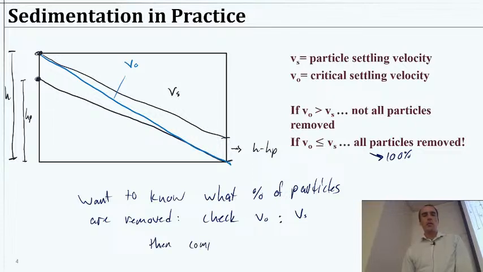Then we can compare, as we'll show on the next slide. So if we have 100%, great. If not, then we will say, okay, well, are we at least getting 70%? Maybe that's good enough for our treatment, and then we'll capture the rest in the next step. That would be useful information to have.